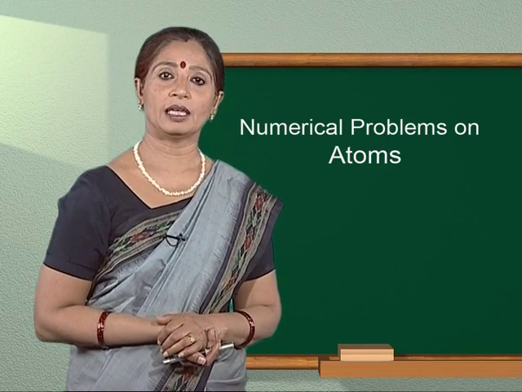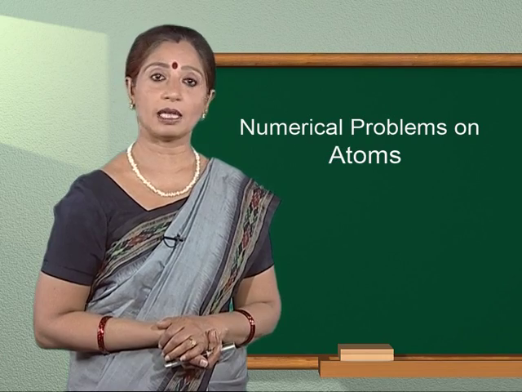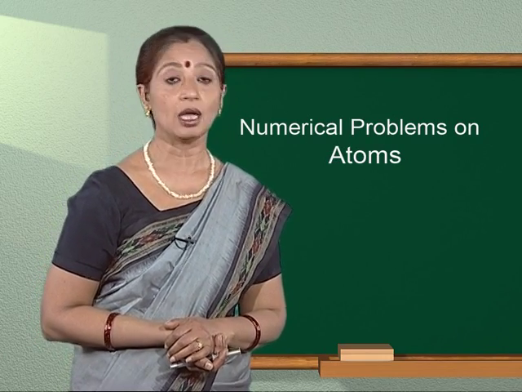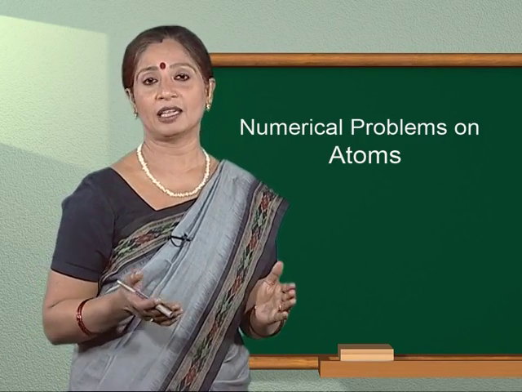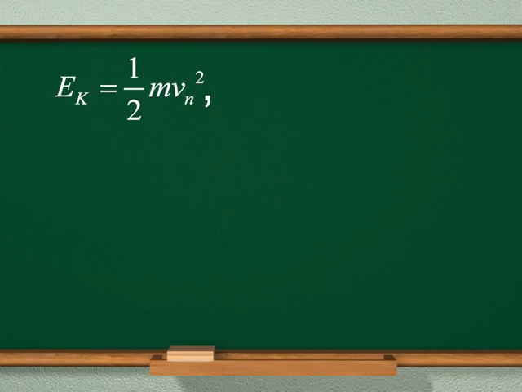To find the energy of an electron in an orbit, we simply calculate the total mechanical energy, which is the sum of kinetic and potential energies. The kinetic energy Ek of the electron in nth orbit is equal to half m Vn square.